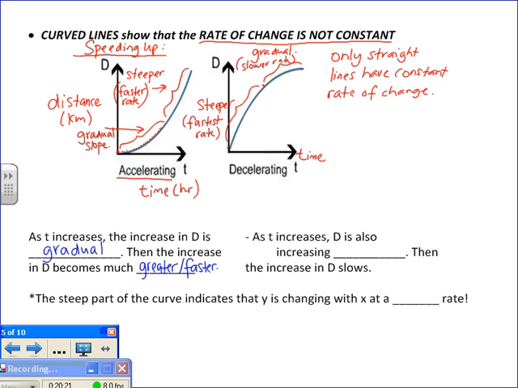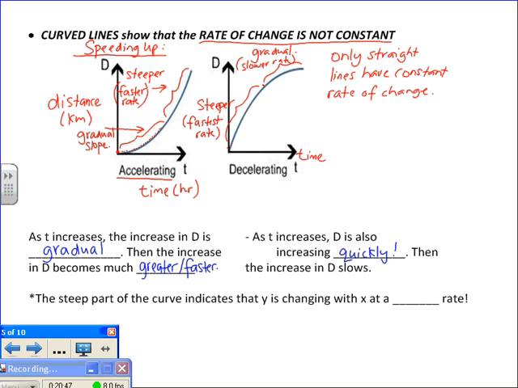On the other graph, as time increases, in the beginning, the distance is still increasing, but it's quite quick at the beginning. So we're covering distance very, very quickly at the beginning. It's a steeper rate. And then the increase in distance slows towards the end of the graph.